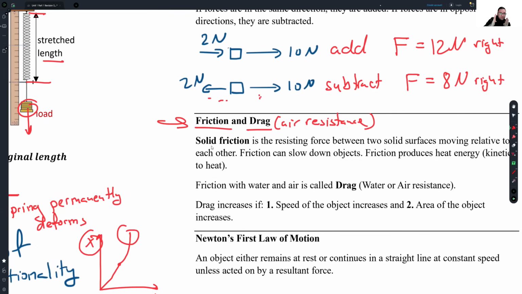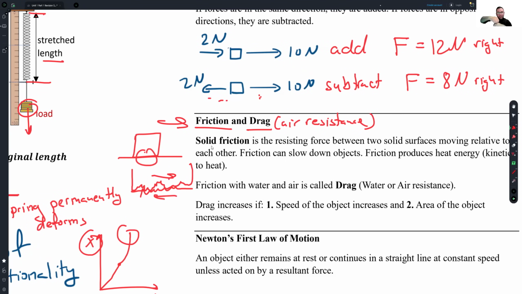If you have two surfaces in contact with each other, and they're not moving, that's fine, no problem. If one of them moves against the other, because of the roughness of the surface, like let's say you have a box on the ground, it's never perfectly smooth. If you zoom in, it's actually kind of a rough-ish surface, and the box itself is also kind of rough at a microscopic level.